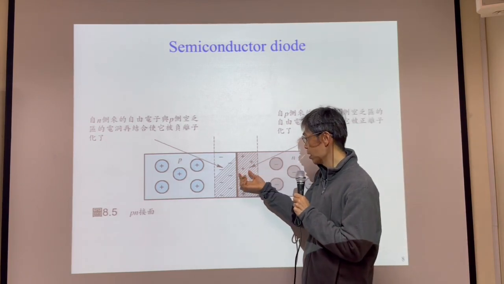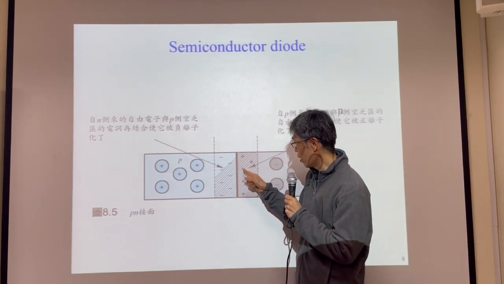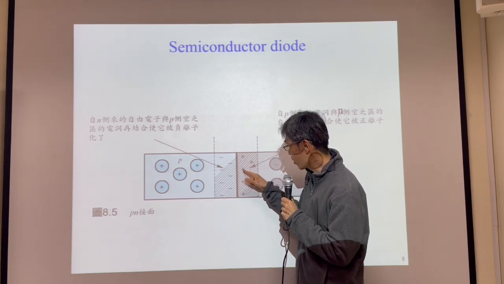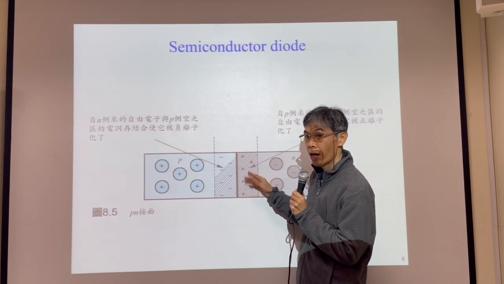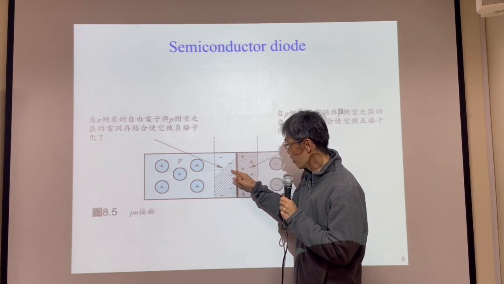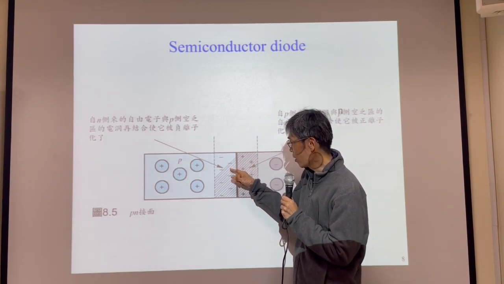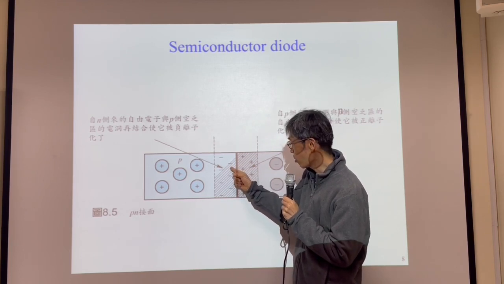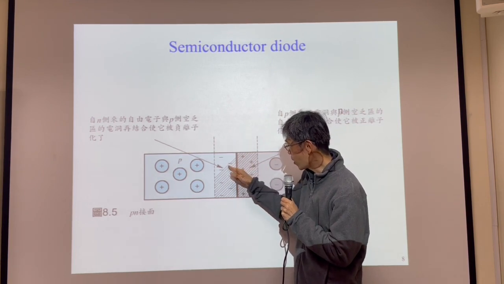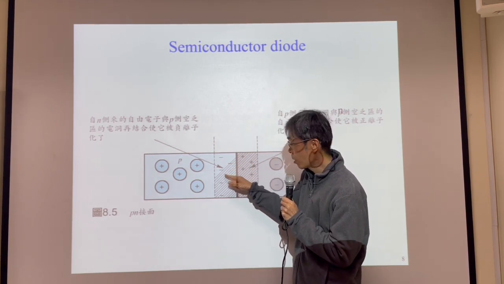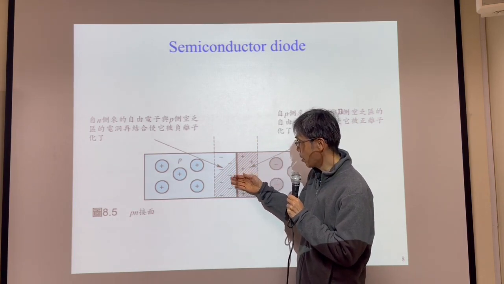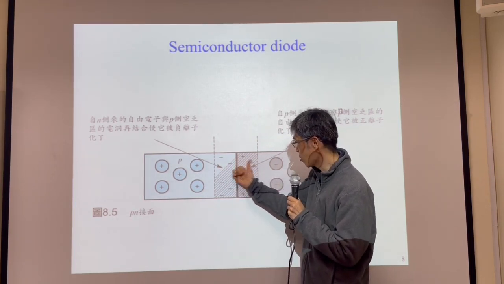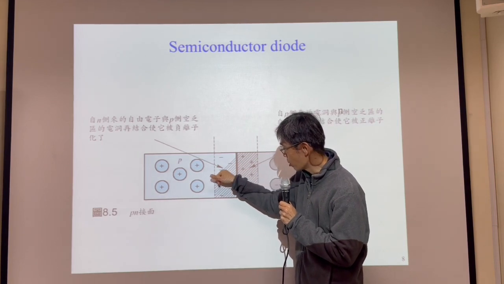See, in this region, electrons left, so some positive charge is left. And here, the holes, the positive charge, go this way, so we are left with negative. As more positive charges go this way, more negative charge goes this way.